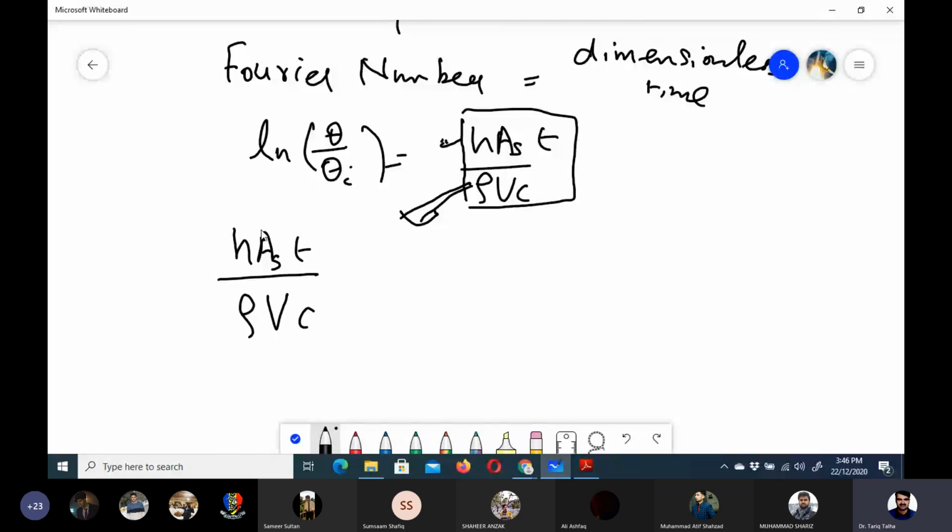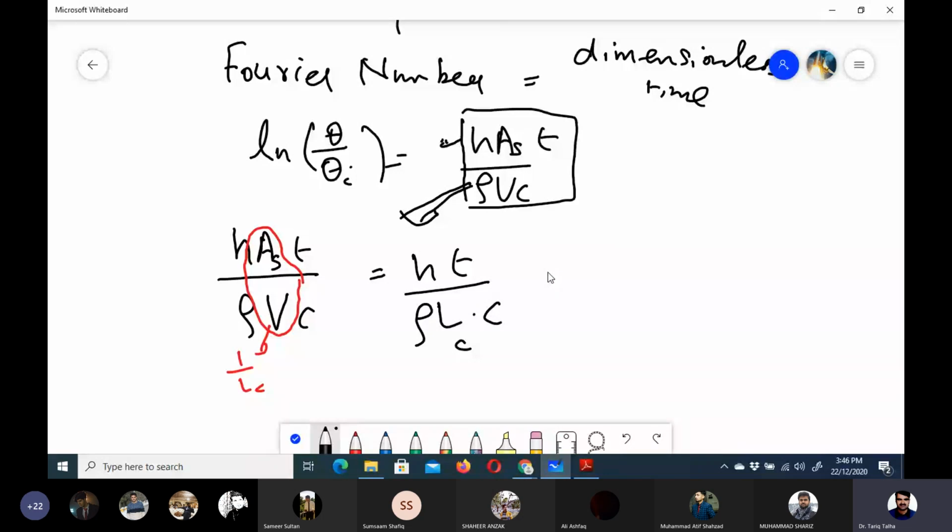Now if you remember from your concept of characteristic length, this volume divided by surface area, that is basically Lc. So we can write it h into t divided by rho into, because this bit is 1 upon Lc, so we write here Lc into c, right?